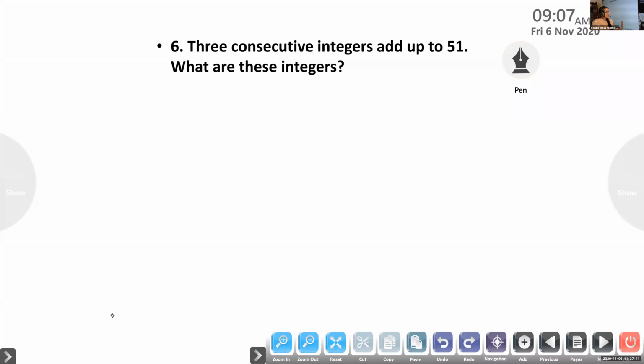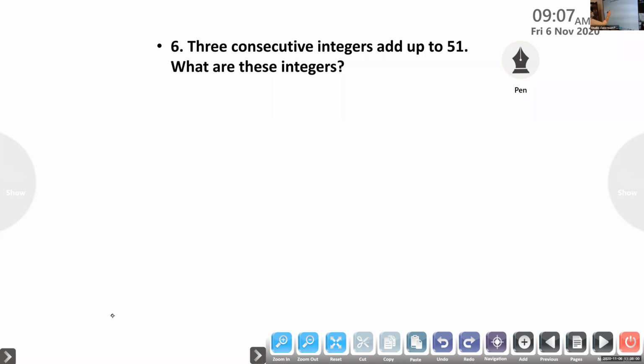Suppose let x be the first one. Then what are the other numbers? x plus 1 and x plus 2. Consecutive means adjacent numbers differ by 1.